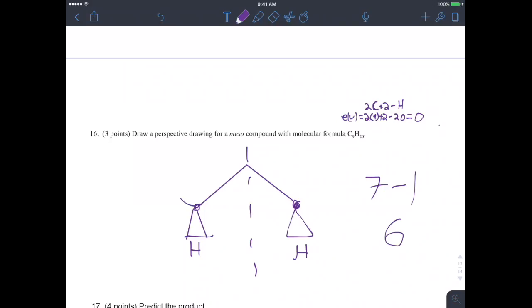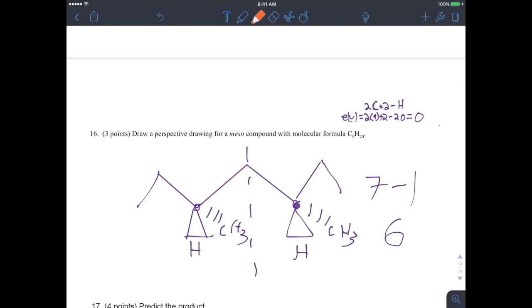We can have an ethyl group and a methyl group. And again, we draw the same thing over here. Not the same stereochemistry, the same planes. To be mirror images like that, we have to have both of the methyls being dashes. And we want this to be that perspective drawing zigzag that we did there.